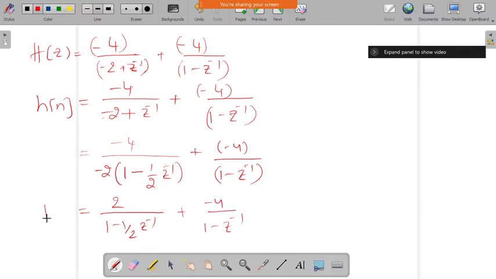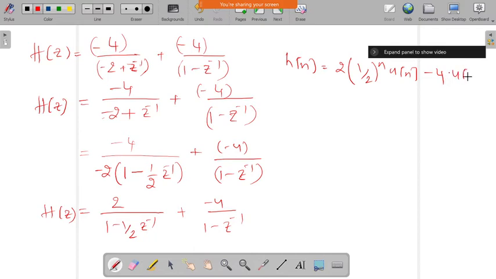This is h of z, so now we can find h of n. h of n will be equal to 2 into half power n into u of n minus 4 into u of n.